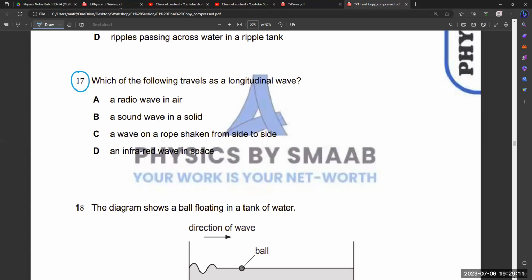I mean, it has to go on a straight line. It's parallel. So basically, you need to find out a straight line.